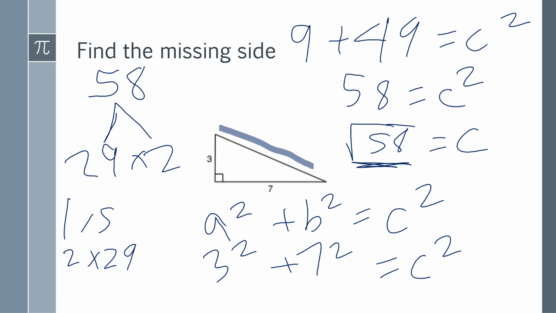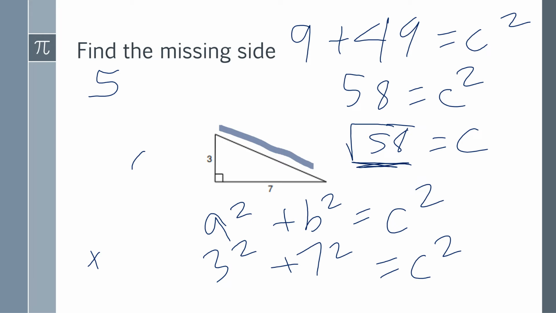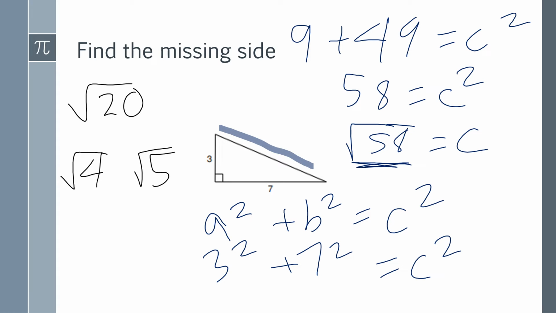And what I'm trying to tell you guys, I'll bring you back to what we did before with square roots. Remember the square root of 20? We broke that down as square root of 4 times 5. And we know the square root of 4 is 2 because 2 to the second power, or 2 times 2, is 4.